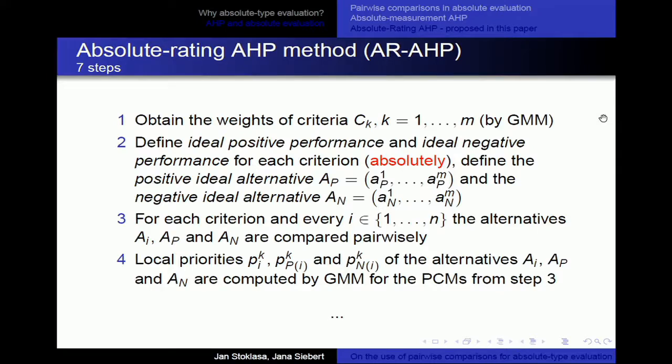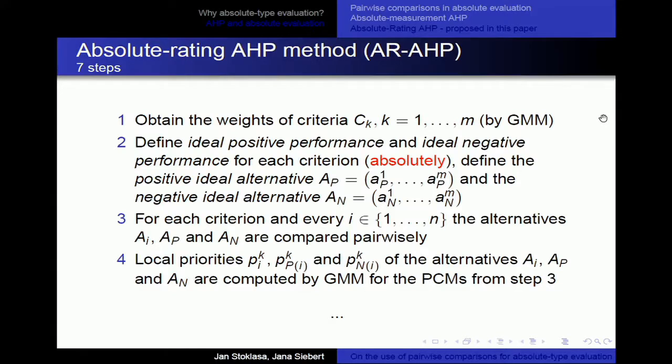Then, for each criterion that we have, let us define a positive ideal and a negative ideal. So essentially, let us define the best value and the worst value of the criteria. This means let us introduce an absolute type underlying evaluation scale for the criteria. Either this is possible directly, or we need to introduce artificial minima and maxima in order to reach something like this. But we can easily introduce saturation thresholds, unsaturation thresholds, and things like that.